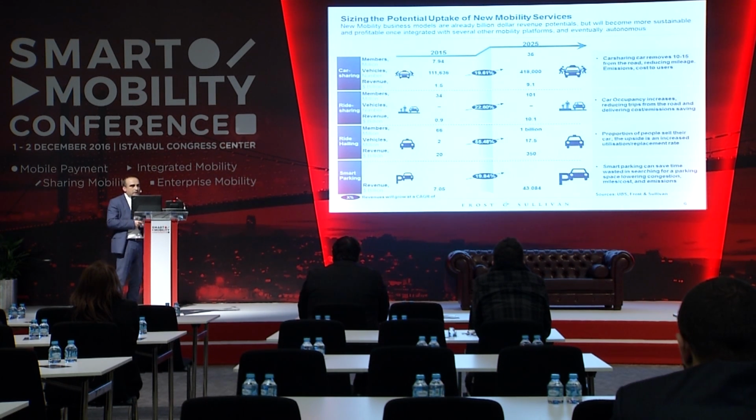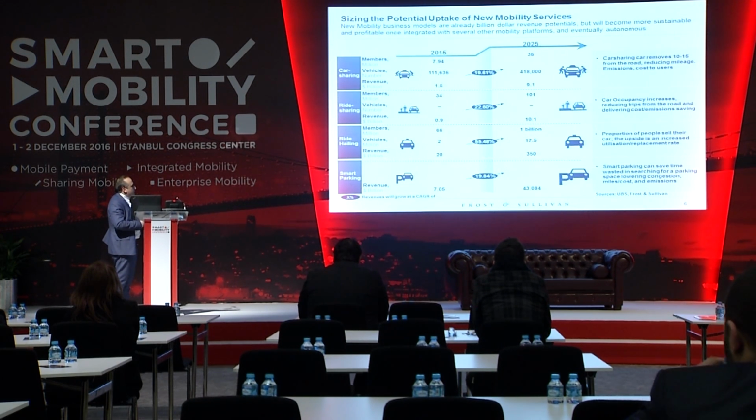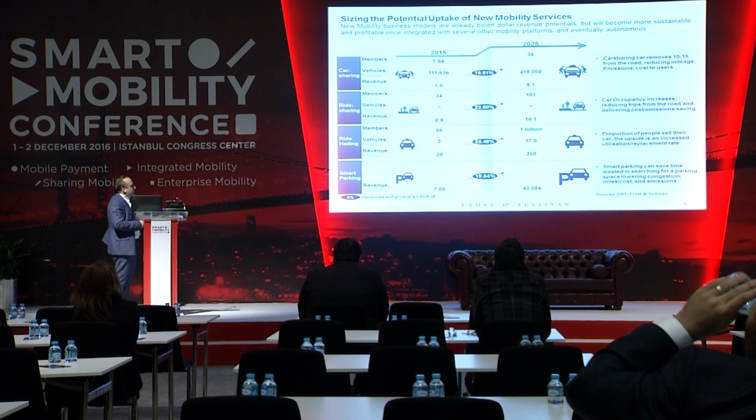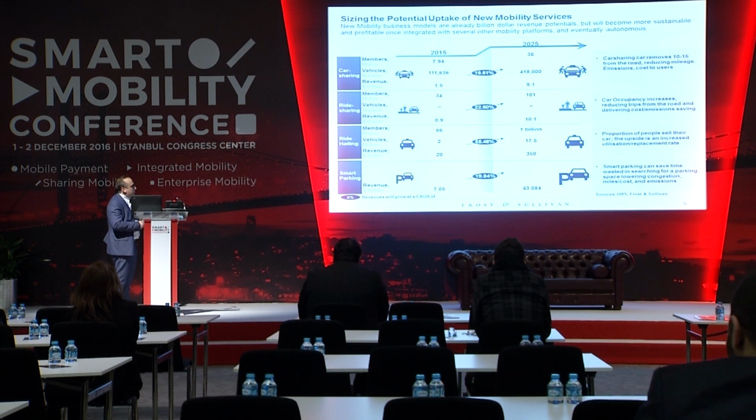The main reason is, as you may remember, that in the sharing economy we were using low utilized assets, and by experience we expect that these low utilized assets will become highly utilized assets. For ride sharing, the numbers are also quite interesting. Revenue will reach $10 billion, and taxi is the largest one.